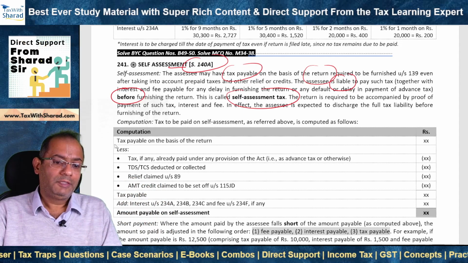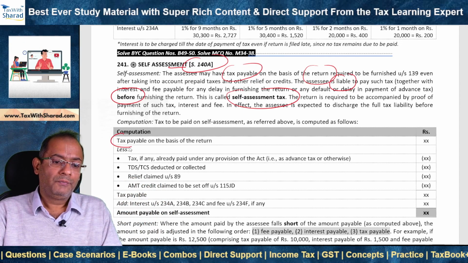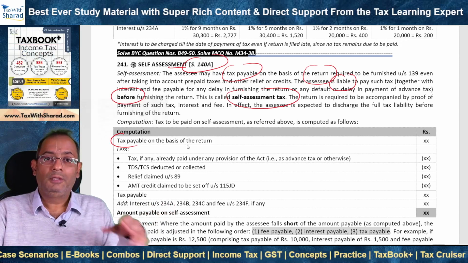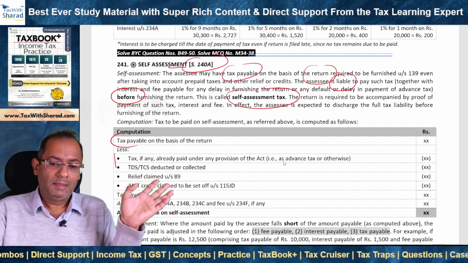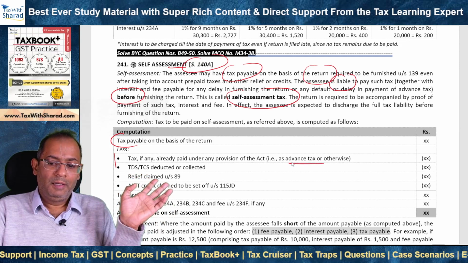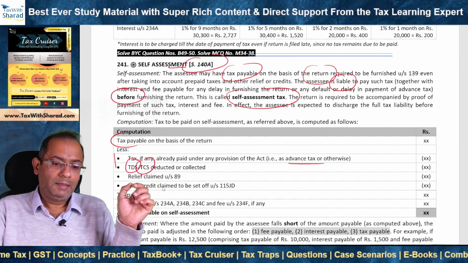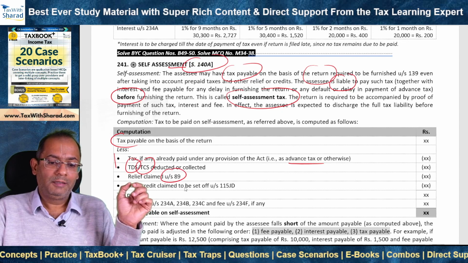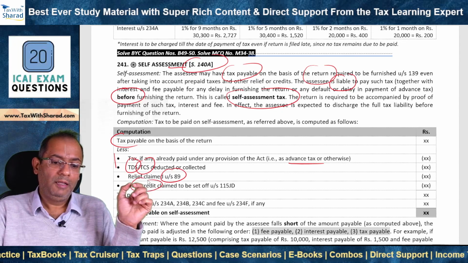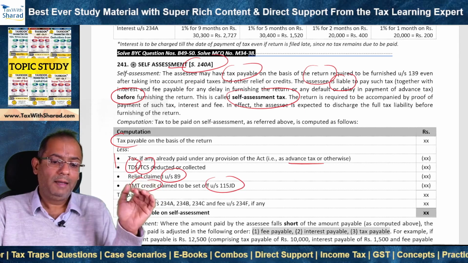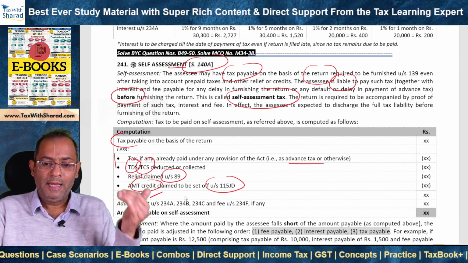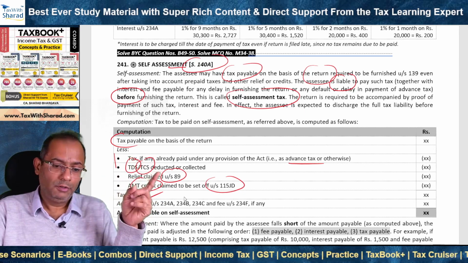And basically, self-assessment tax, how is it computed? You first figure out the tax payable on the basis of the return, and then you reduce the prepaid taxes, right? For example, advance tax, TDS, TCS, and then again relief under section 89 if any, and AMT credit under section 115JD if any. So that results in the balance tax which one needs to pay at the time of furnishing of return.